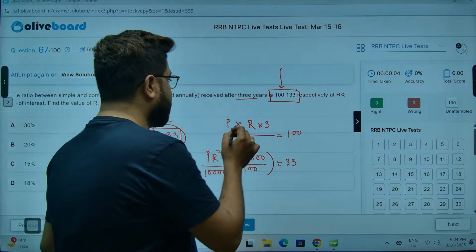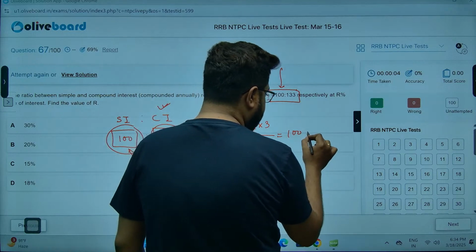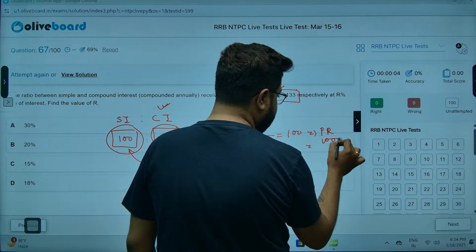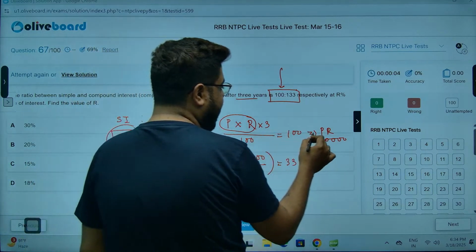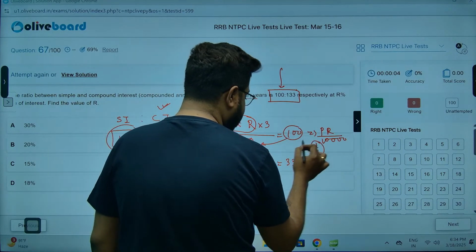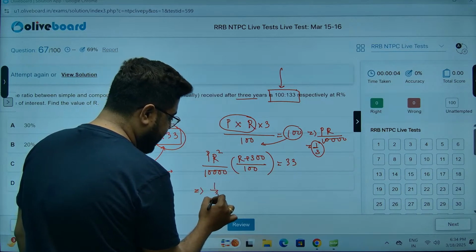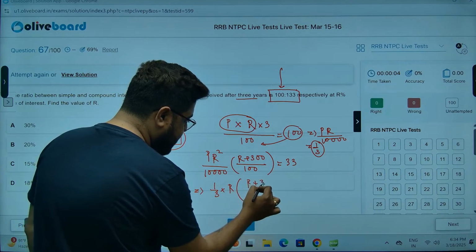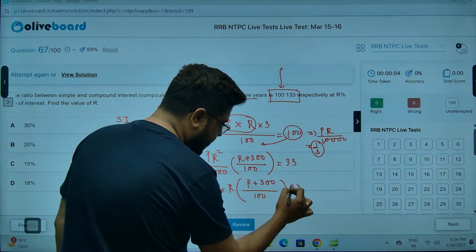P into R I can put from here, it will be 10,000. So PR by 10,000 is 1 by 3. Putting that, 1 by 3 into R into (R plus 300) by 100 is equal to 33.